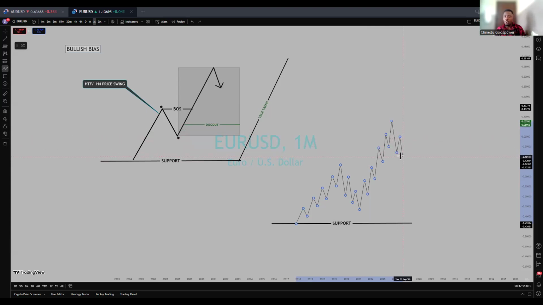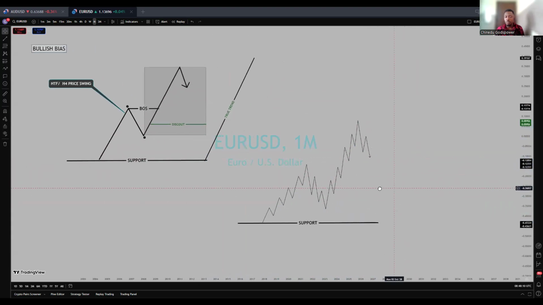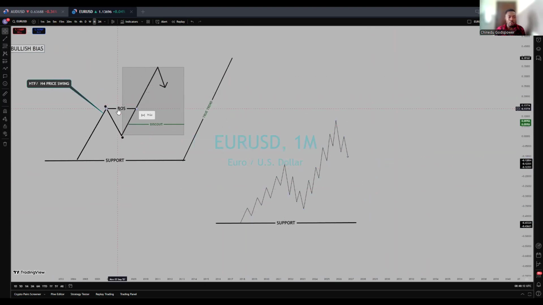Remember, right now, we are on the same zone with this one right here. We are where this is now. Market has shifted structure, and now it's selling back down. But we know this market is coming towards a discount level. Now, I'm going to stop this here. Now, market has what? Right here. Market has broken structure.